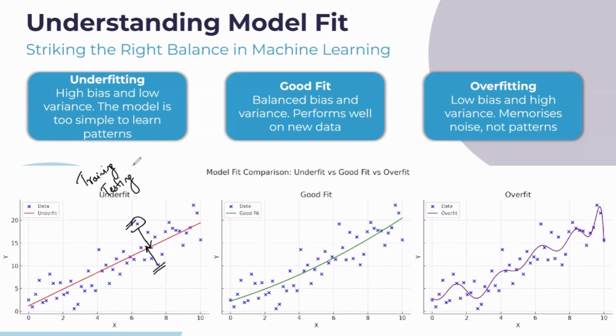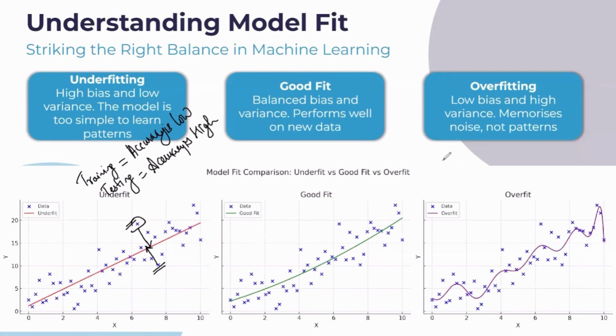Most often, underfitting happens when the accuracy of training data is low and the accuracy of your testing data is, let's say, high.